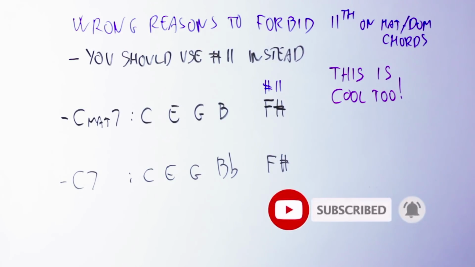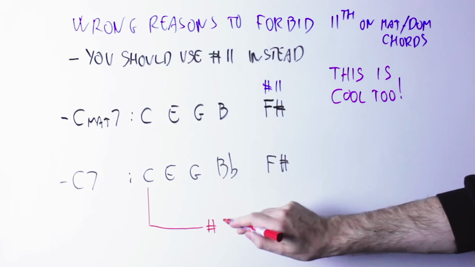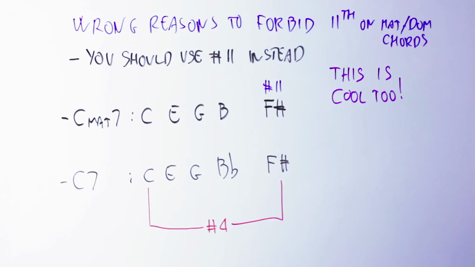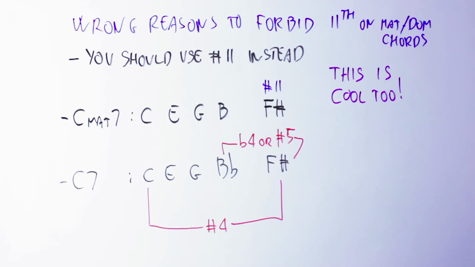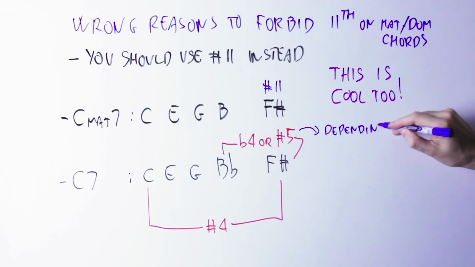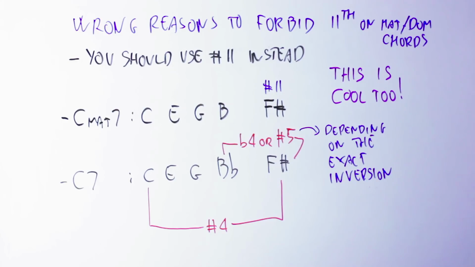I have nothing against using that, but it can be argued that this note is actually more dissonant than the 11th. After all, this sharp 11 produces a tritone with the root note of the chord, C F sharp. And if you play it over a dominant 7th chord, it's even worse in terms of dissonance, because this F sharp produces a diminished fourth with the 7th, which is B flat.